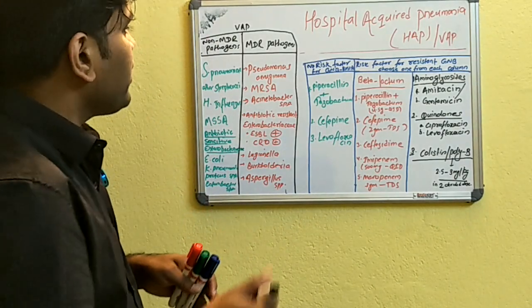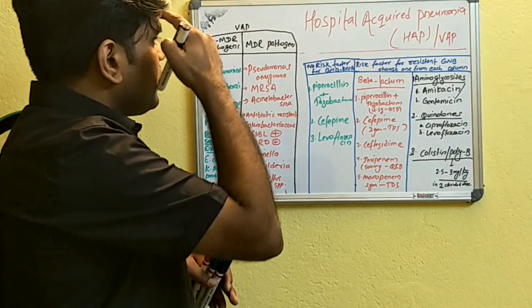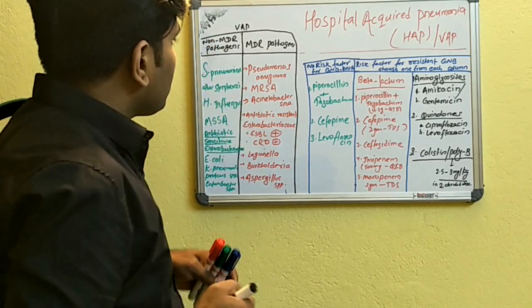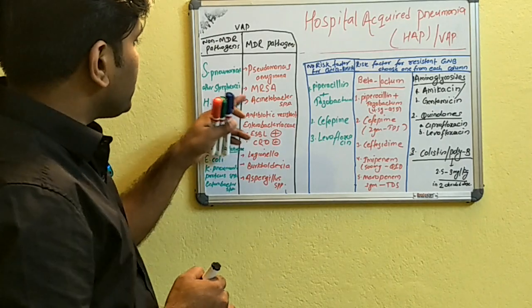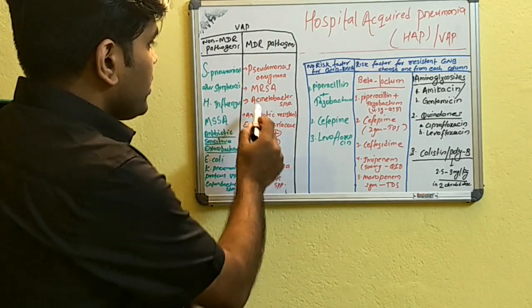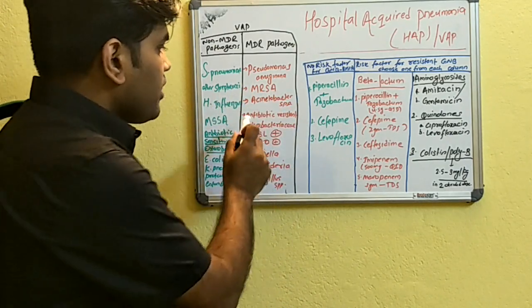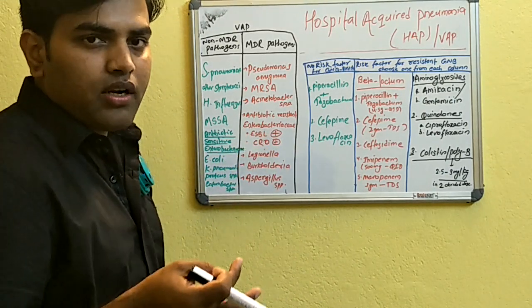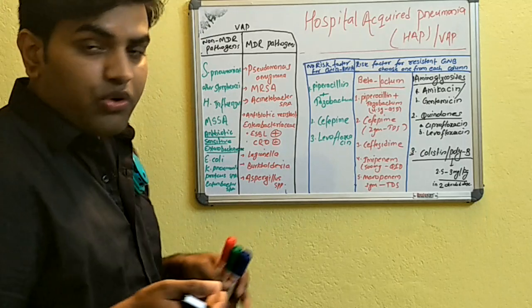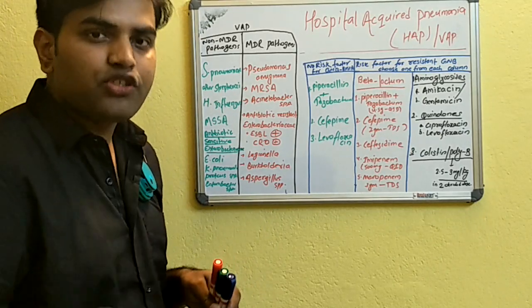But if you are finding an MDR pathogen, then you have to consider what the MDR pathogens are, like Pseudomonas aeruginosa, methicillin-resistant Staphylococcus aureus, Acinetobacter species, and antibiotic-resistant Enterobacteriaceae like E. coli, Klebsiella, Proteus, Citrobacter, Enterobacter.